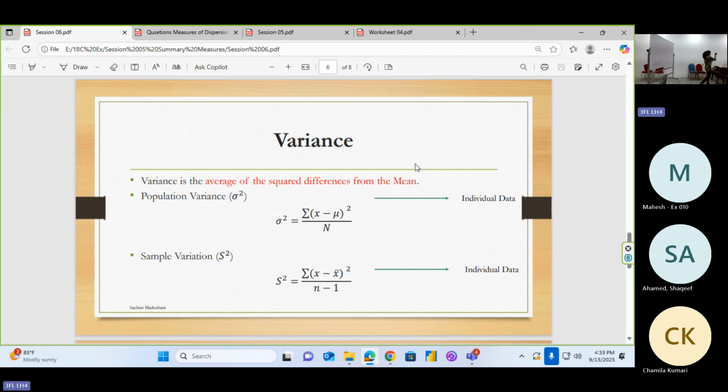Understood? We studied 4 measures of dispersion. Out of these 4, which one is the best? Standard deviation. In statistical analysis, for the calculation part, we use the standard deviation only, not the other 3. Statisticians first identify the range.